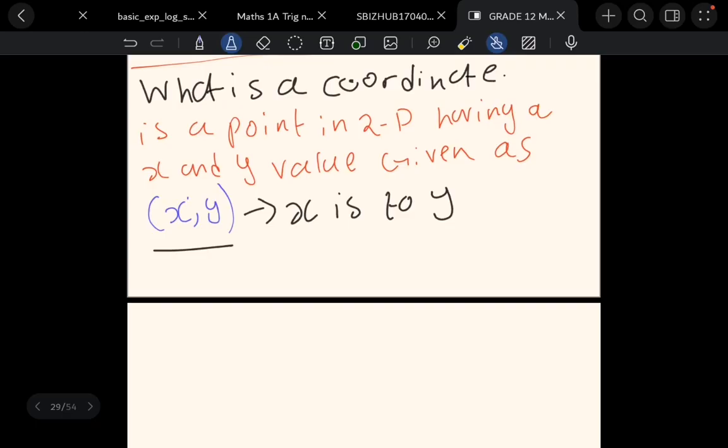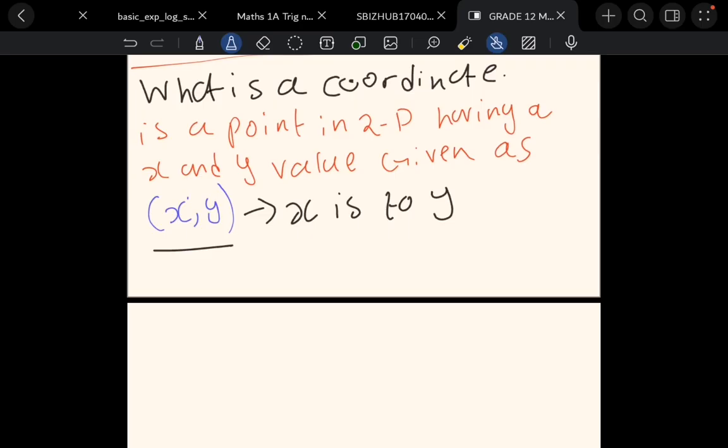Now you can do a lot here. You can transform a coordinate, you can reflect a coordinate, you can translate a coordinate. Understand? So this is the purpose of a coordinate, right?